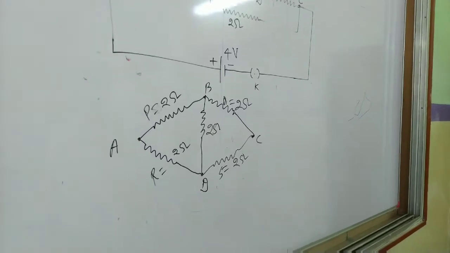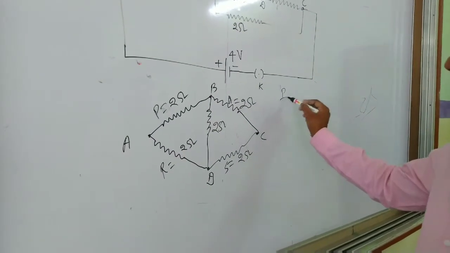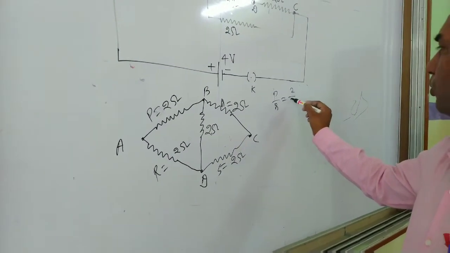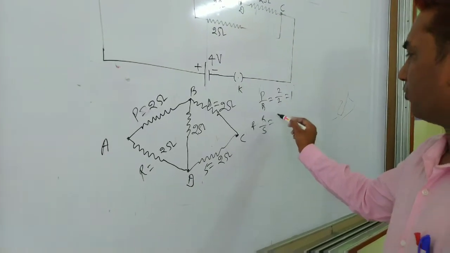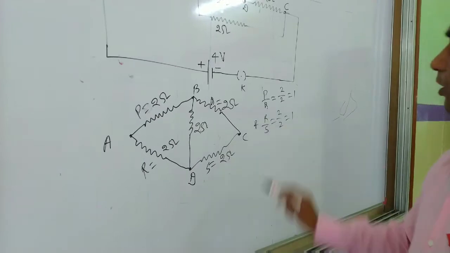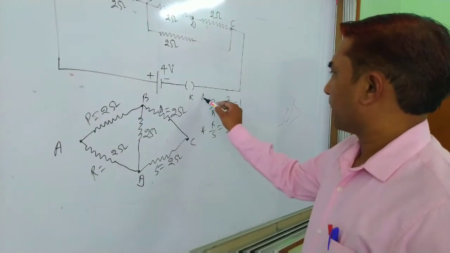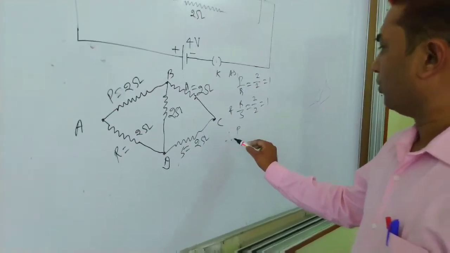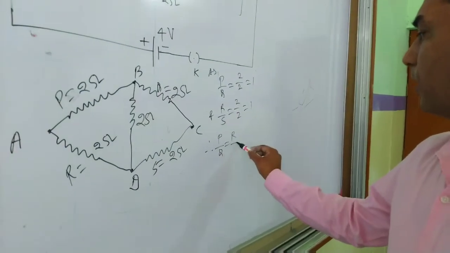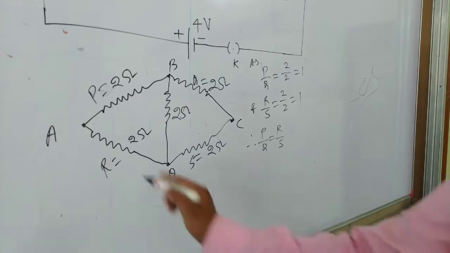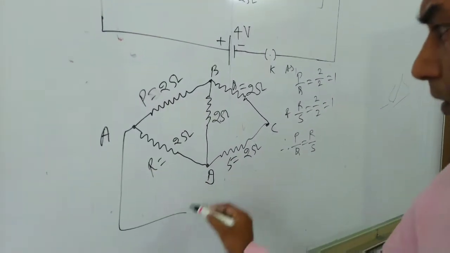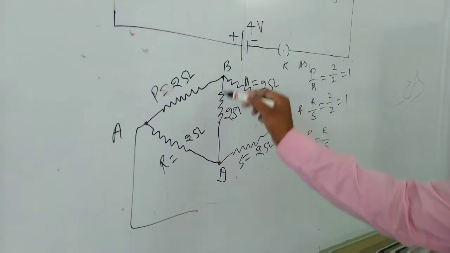first of all check the balance condition. Here P by Q equals 2 by 2, that is 1, and R by S is also 2 by 2, which is also equal to 1. Therefore, P by Q equals R by S. It means this is in balance condition, and in balance condition, no current flows through the arm BD.